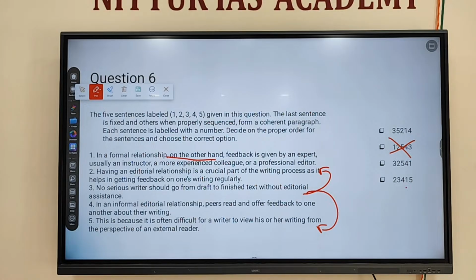If 3 is the introductory statement, then the first option is correct. Everybody agrees? Or the third option? 3, 2, 5, 4, 1.